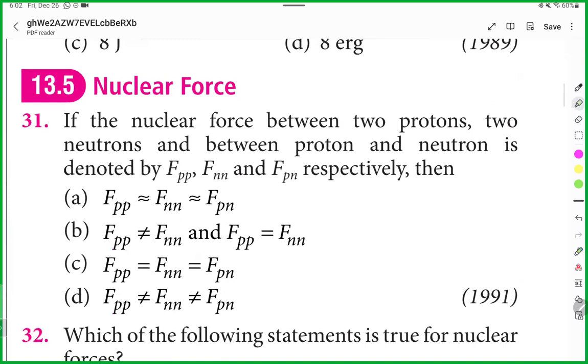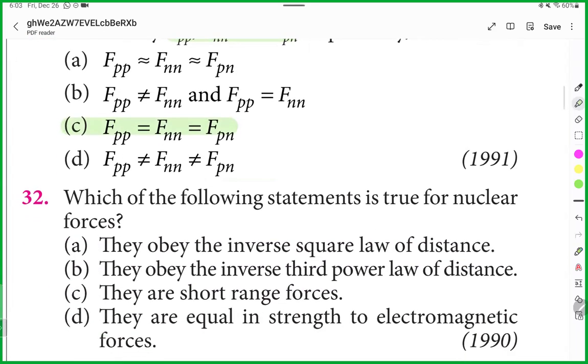Next, Sarah, question. If the nuclear force between two protons, two neutrons, and a proton and neutron is this, what will be the force value? Doesn't matter whether it is proton-proton, proton-neutron or neutron-neutron, force will be the same. Nuclear force will be the same. Any doubt, Sarah?